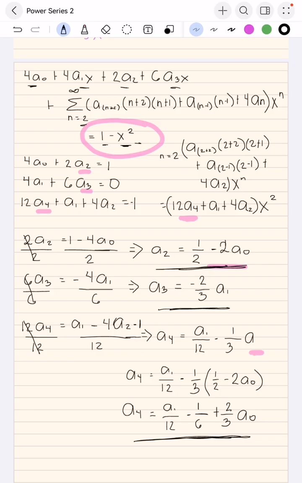Then there should be a -1/2 here. -1/2. Okay. So let's erase this. We're not done with this.